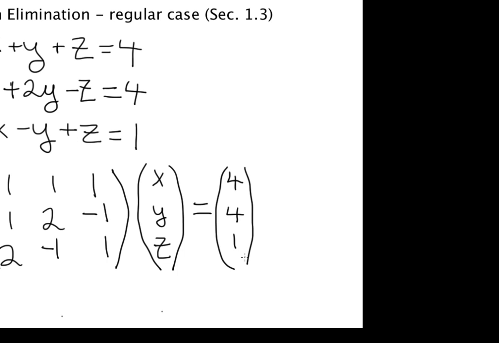Okay, now I'm going to simplify this even a little bit further, and I'm going to write all of the coefficients as follows: [1, 1, 1; 1, 2, -1; 2, -1, 1].